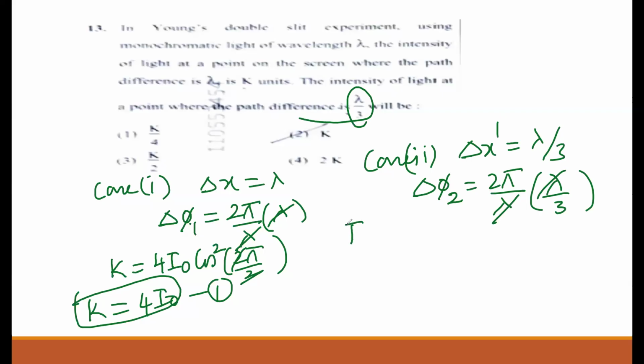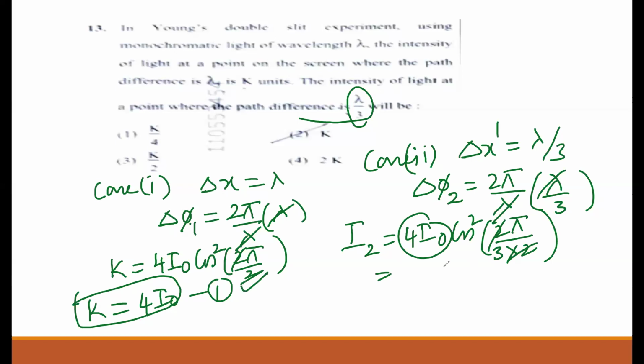So what is the new intensity here? 4 I naught cos square of the phase difference, 2 pi by 3 by 2, half of that. So that is pi by 3. And this 4 I naught we already found in the first case as k. Cos pi by 3, that is cos 60. Cos 60 is 1 by 2, whole square. So that is k by 4 would be the answer. So the first option would be the answer here.